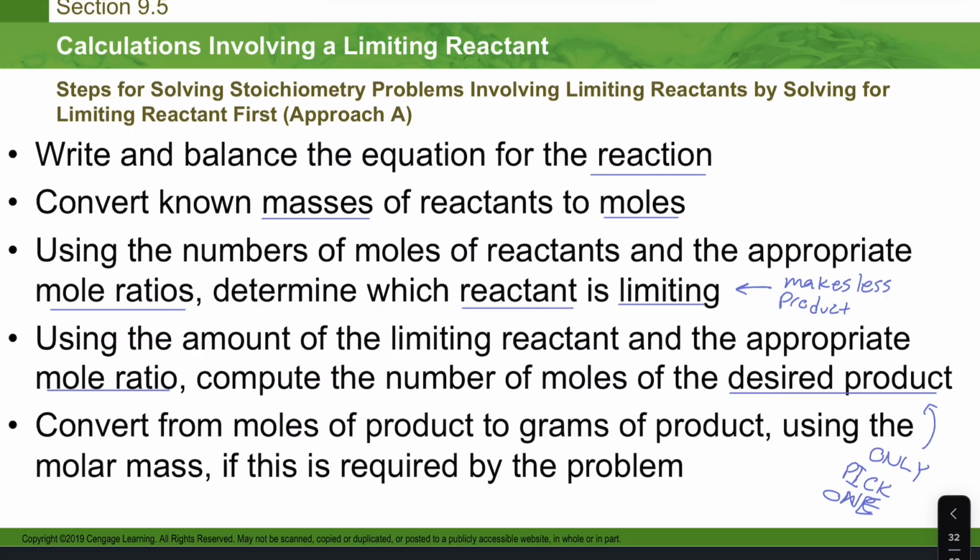You're going to use both of the reactants, only one of the products. You'll convert from moles of product to grams of the product using the molar mass at the very end, if that's what the question asks, but it is not always required.